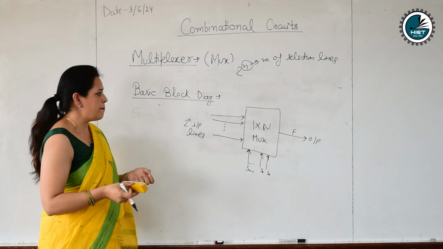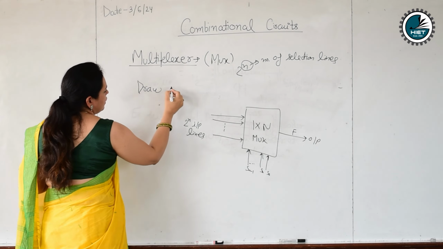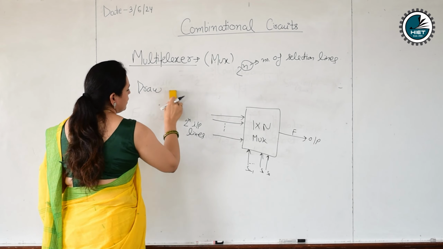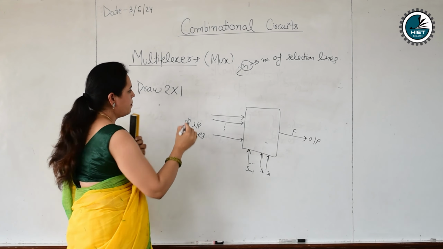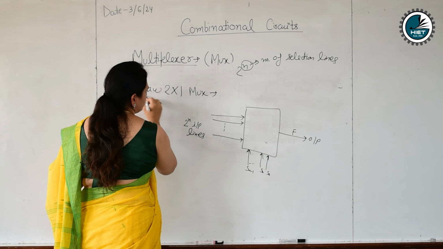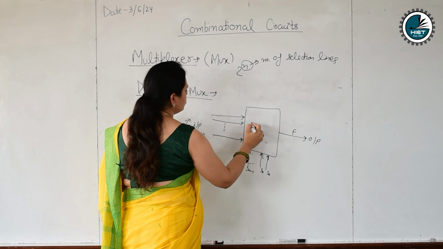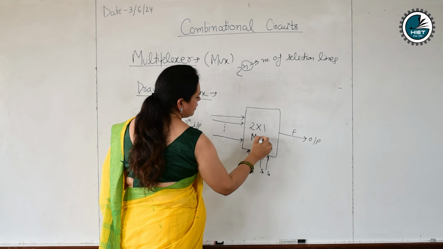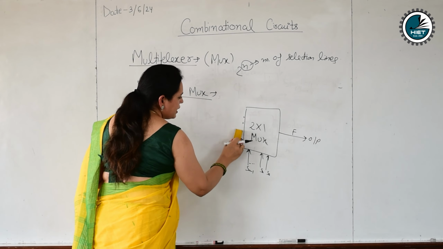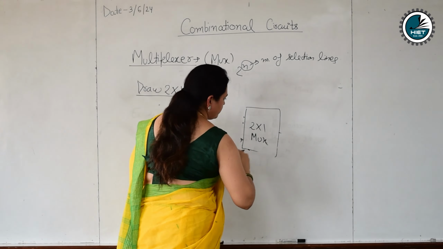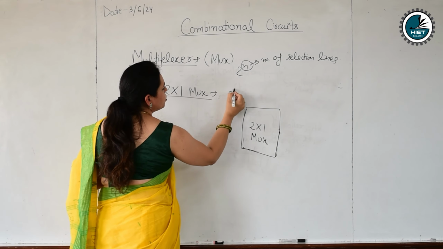Let me explain with the help of an example. Suppose that we draw a 2 cross 1 multiplexer. In this 2 cross 1 multiplexer, we have to use a 2 cross 1 mux. Clear? In a 2 cross 1 mux, how to decide the inputs? We decide the inputs with the help of 2 to the power n.